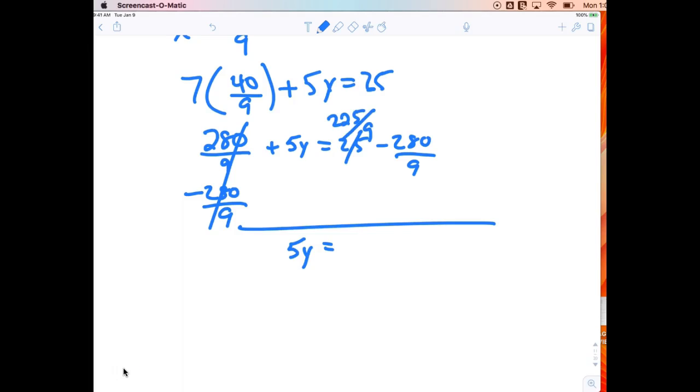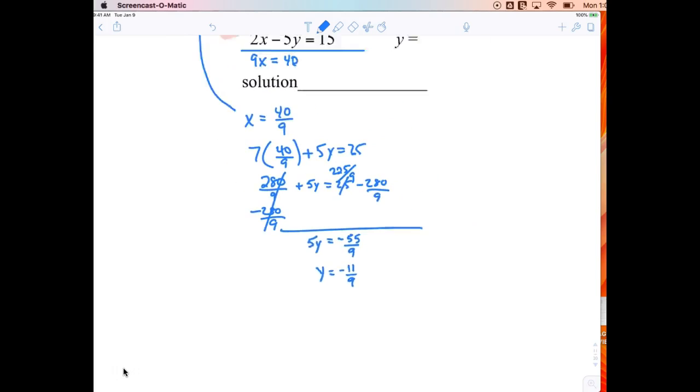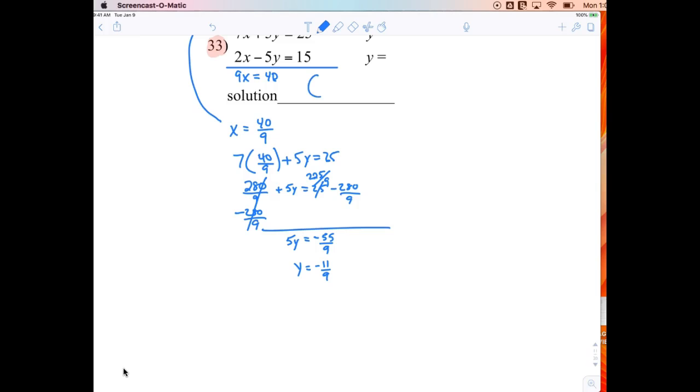Then when you subtract, you end up with negative 55 over 9. And then when you divide by 5, y is equal to negative 11 over 9. And so the solution here, we go back and write it as 40 over 9, comma, negative 11 over 9.